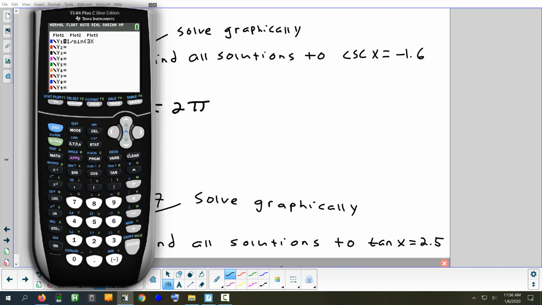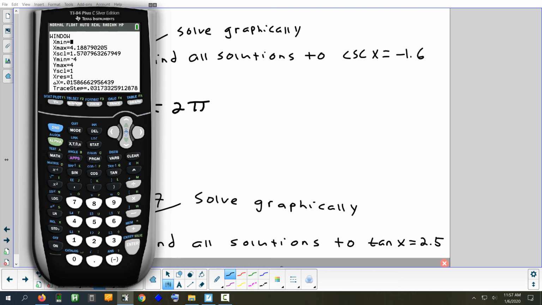Brandon, how would I type in cosecant? Yep, we got to do 1 over sine because we don't have a button for cosecant. So we got that in there. That's fine. Type in -1.6.